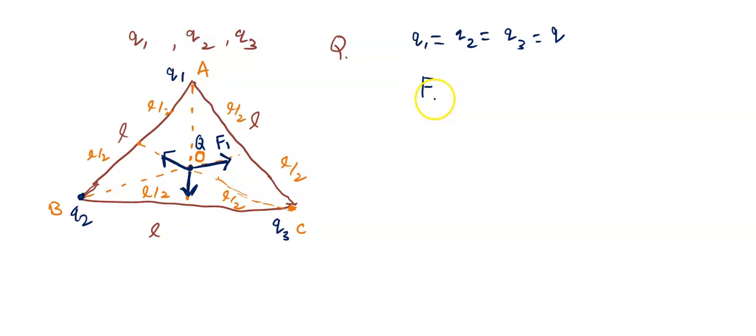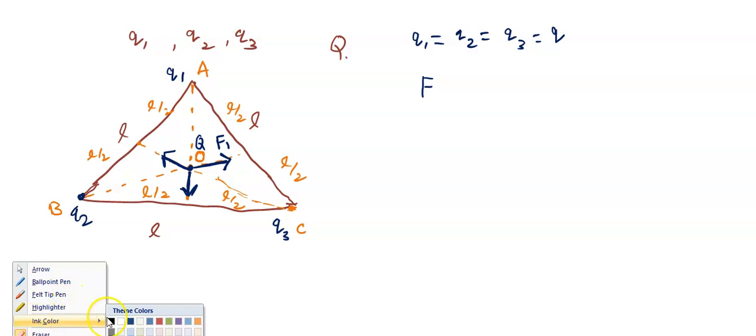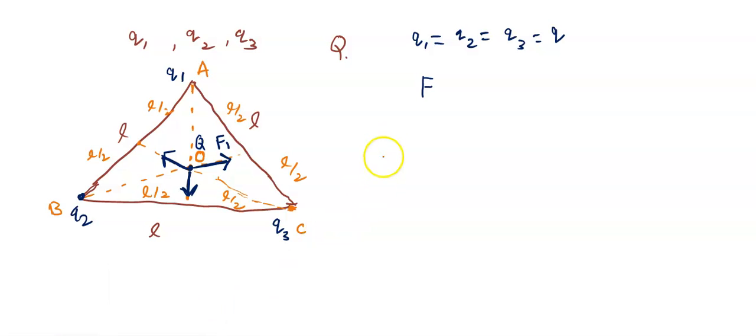The force of Q1, Q2, Q3 will all be equal. Force acting on O due to 1 is equal to force acting on O due to 2, force acting on O due to 3, and these all forces must be equal. Agreed?